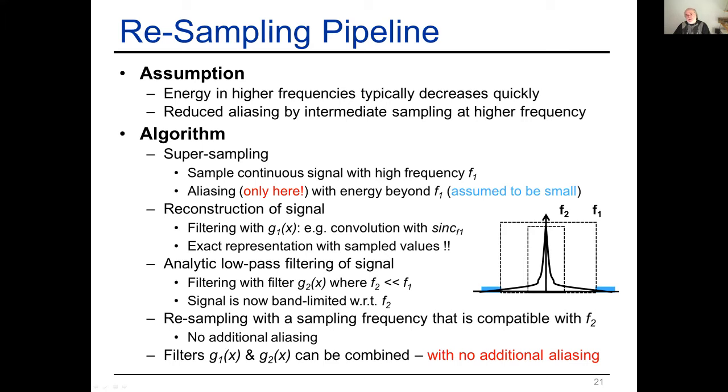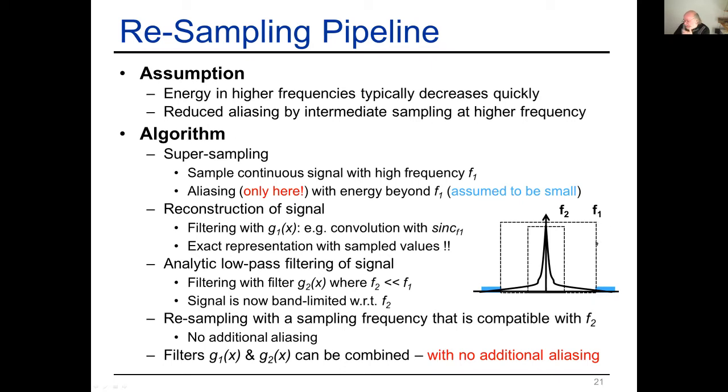Sorry, I'm pointing to the wrong screen again. So this is the frequency spectrum of the original function that I'm sampling. I'm sampling with frequency F1 such that I get copies where the next one would be just adjacent to this one here. But you see that this copy here reaches outside of F1.